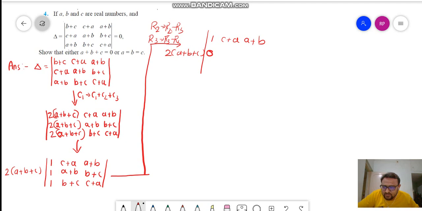Then A plus B minus B minus C, it will be A minus C. Okay. B plus C minus C minus A, that will be equal to B minus A. Now R3 minus R1, 1 minus 1, 0. B plus C minus A, B minus A. And C plus A minus B, C minus B.